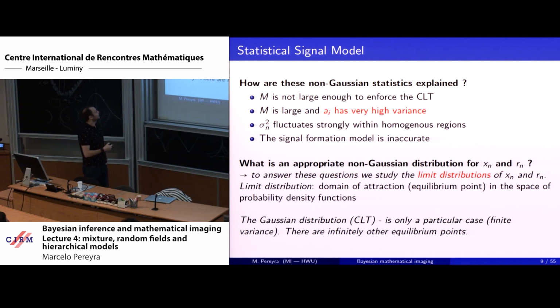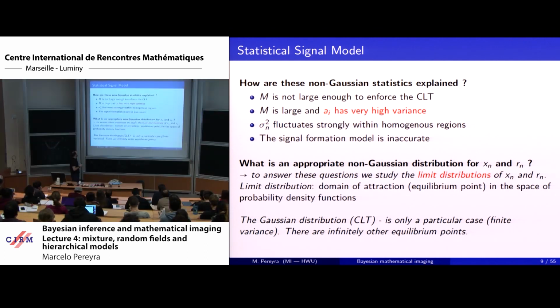And then maybe the signal formation model is poor. But this is a physical model that people have used a lot in lots of applications. And although it's not perfect, it seems to be working quite well in every other medium other than skin. So let's focus on this one. Let's assume that maybe this has very high variance and that it's fluctuating a bit, and maybe that's why it's not working.